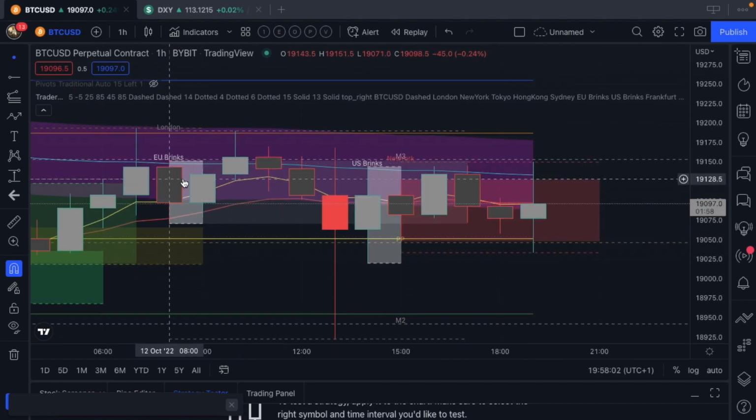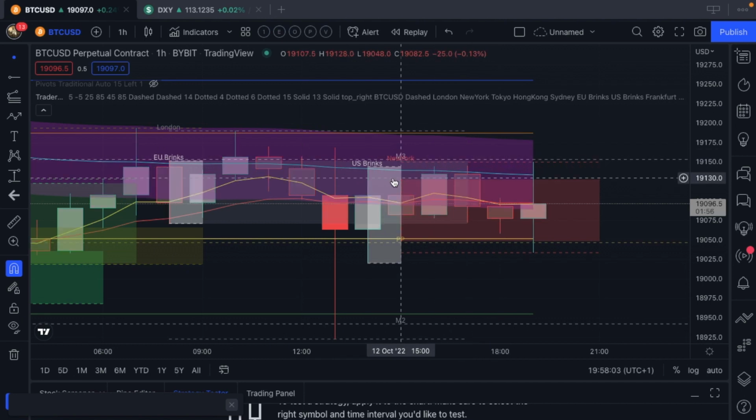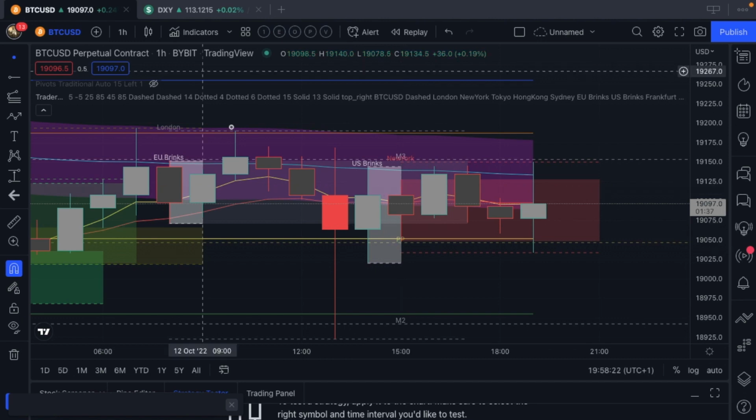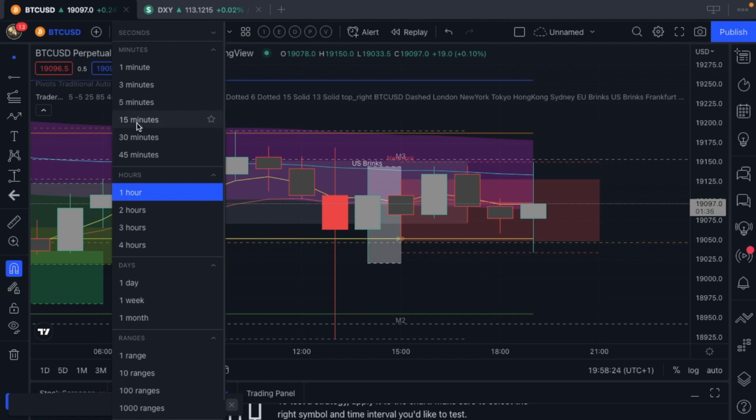So we have an EU Brinks and a US Brinks, and these represent the first hour of market open, which is a very tricky place to trade, especially in the US. Not so much in Europe, but definitely the US. They are brutal. They will shake everybody out and then take their real move, right? And we can go down to the 15-minute and check that out.